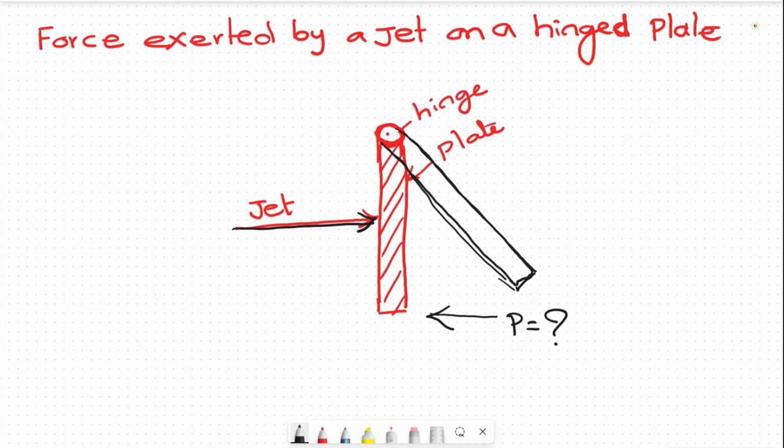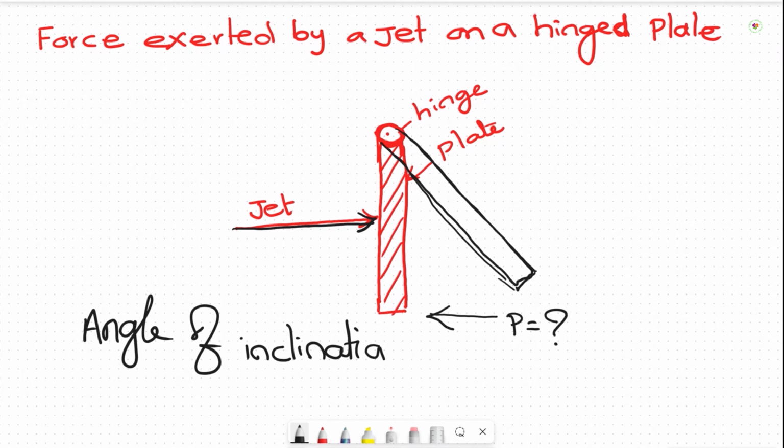The second question is, how much is the angle of inclination? Angle of inclination is such that this is what we mean by angle of inclination.